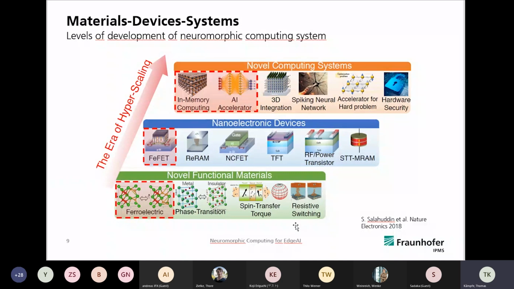So we try to find devices, materials, and systems which get closer to the behavior of the human brain. In my group, we focus on ferroelectric implementations using ferroelectric field effect transistors for in-memory computing. However, a very broad community of researchers is working on a lot of memory implementations such as resistive RAM, PC RAM, and so on as well.